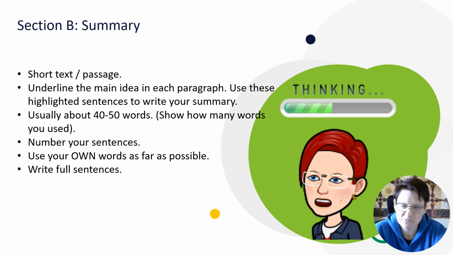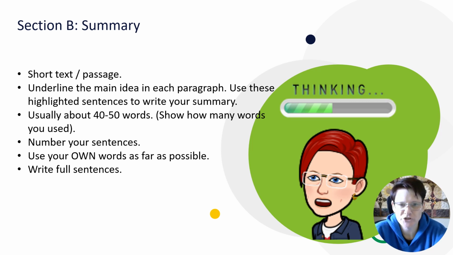So please, please, please stick to the allocated word count. All right, and then again, please indicate how many words you've used just after you've written your summary. Right, previously I said your paragraphs will probably already be numbered, but that does not mean that the fact, or the main idea, is what is numbered.